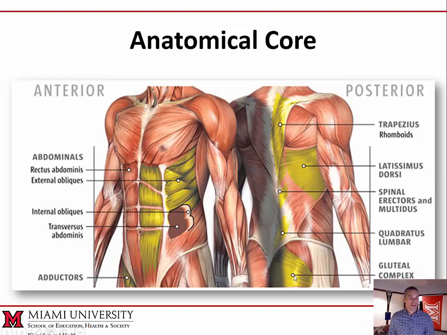If we look at the back here, that would also include the gluteal complex, as well as the erector muscles of the lower back. We also consider the latissimus dorsi, or the lats, as well as the trapezius muscles as anatomical core muscles. So again, much more than just the abs.